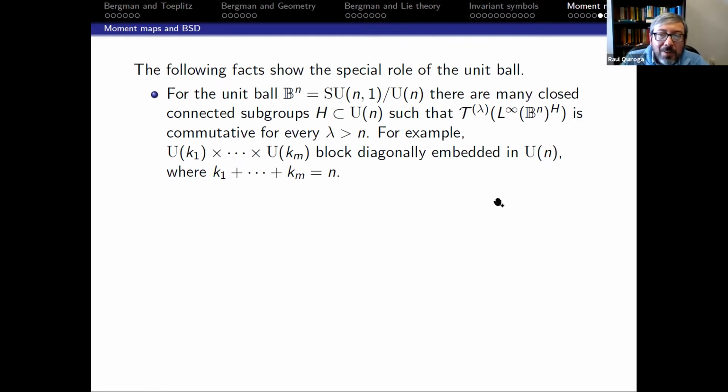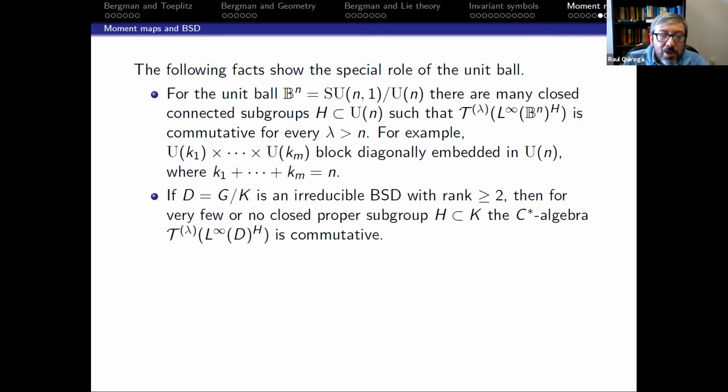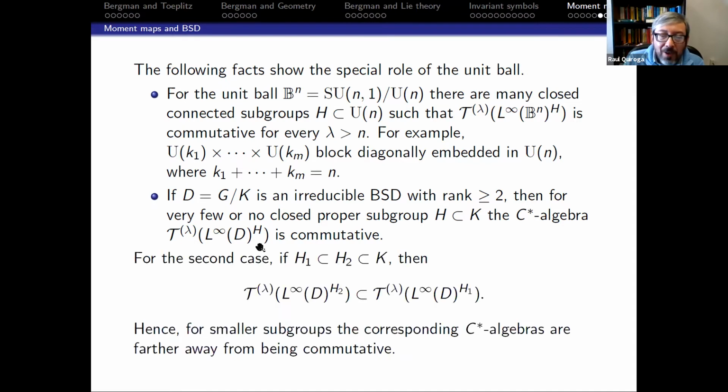However, this is kind of a special situation for the unit ball. If you take any other irreducible bounded symmetric domain, at least 2 that takes out the unit ball, there are very few or no closed subgroups H in K, the biholomorphisms that fix the origin, so that this is commutative. It's very difficult to have that.